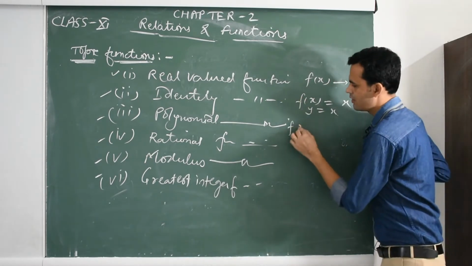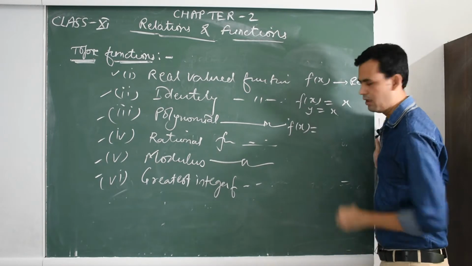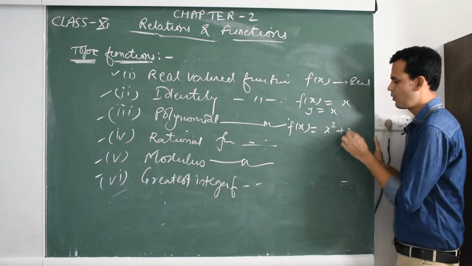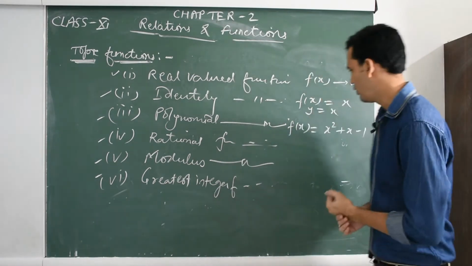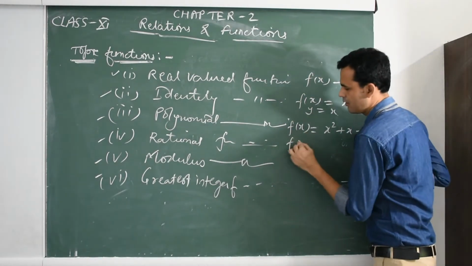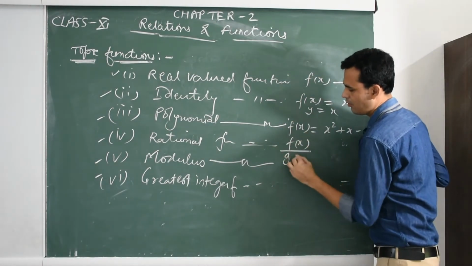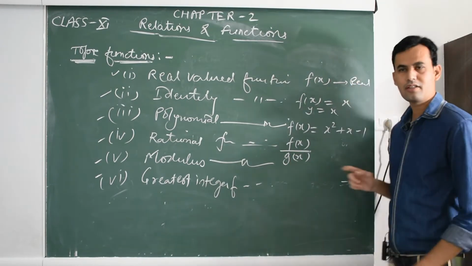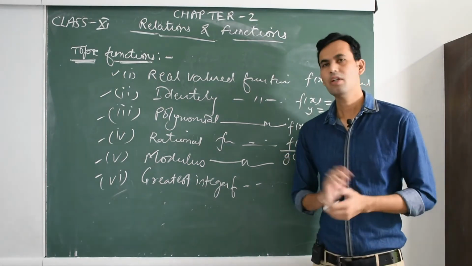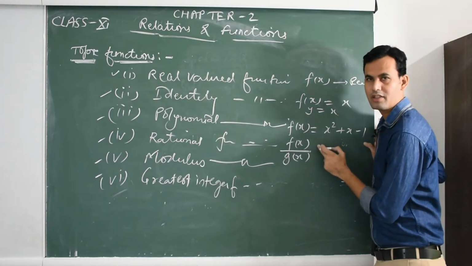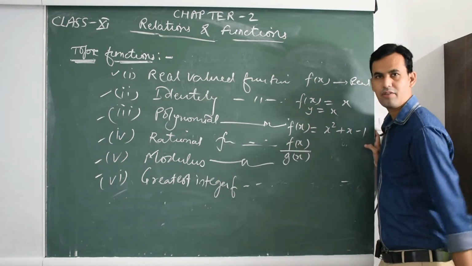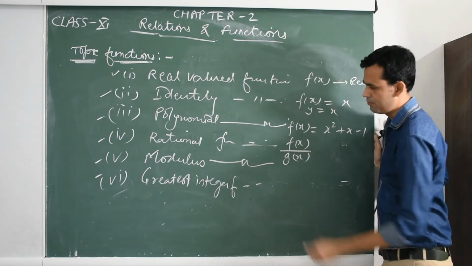Then polynomial function means any polynomial. We can take any polynomial like x squared plus x minus 1, or a cubic polynomial, or any polynomial. Rational function means the function is in the form of a rational number, and a rational number is of the form p upon q. So f(x) upon g(x), if the function is in this form, then we say that it is a rational function.